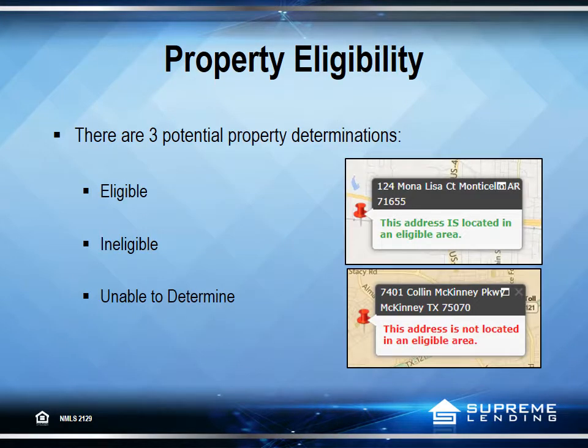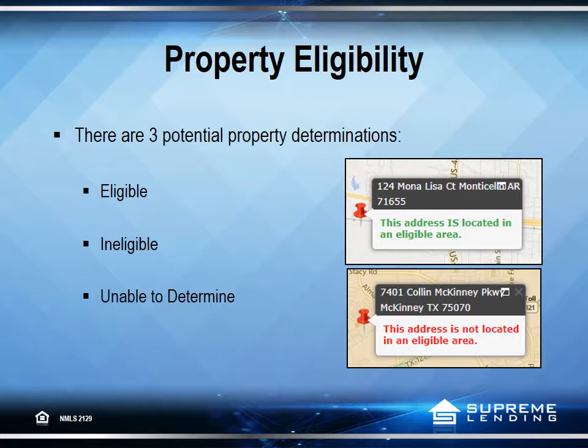There are three potential property determinations: eligible, ineligible, and unable to determine. The first example here is for a property address that is located in an eligible area. The second example is for a property address that is not located in an eligible area.